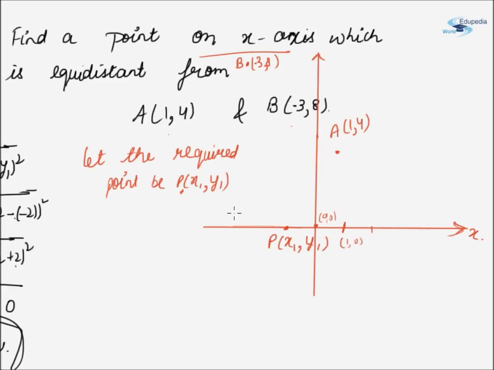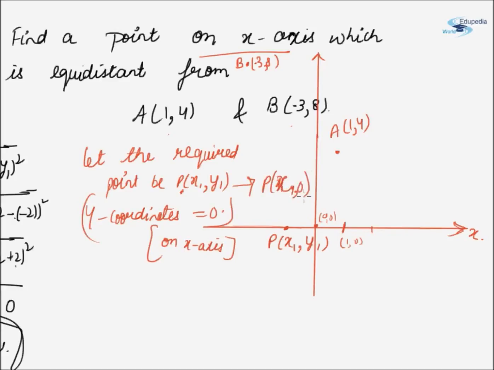Anywhere on the x-axis, y coordinates are always 0. Thus, this point will be reduced to P x1, 0. Now we need to calculate this value x1 only.